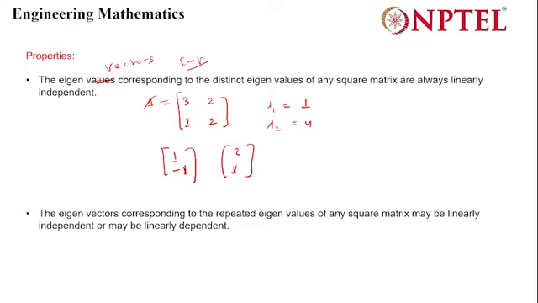So there are two vectors. Check if these two vectors are linearly independent or not. Okay, Anshul, correct.